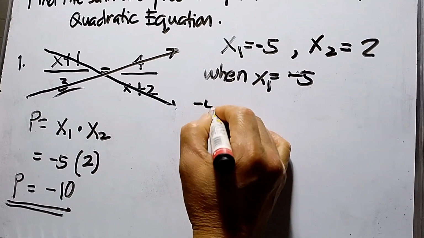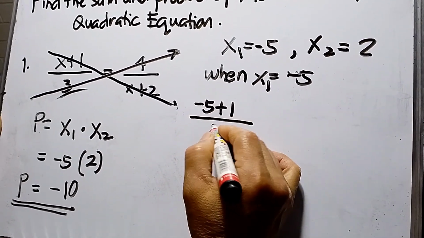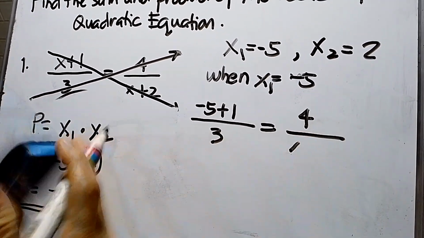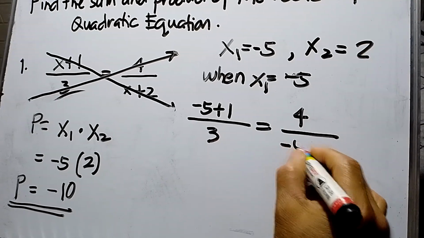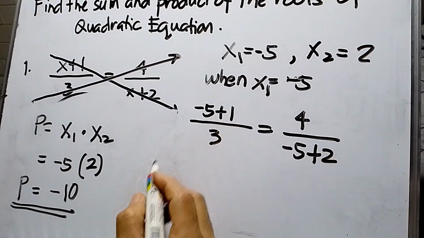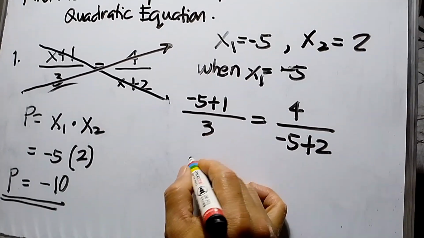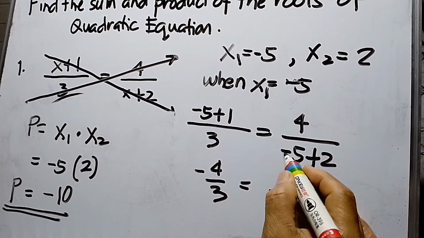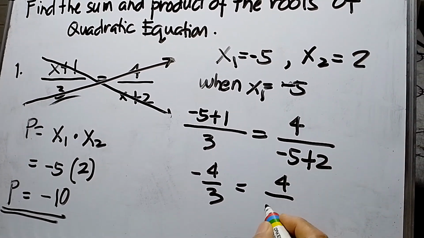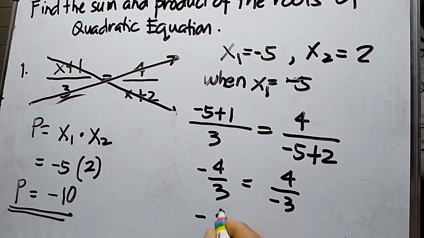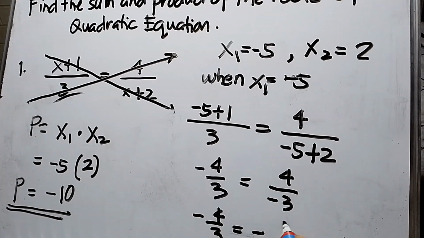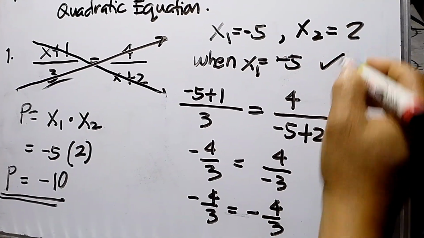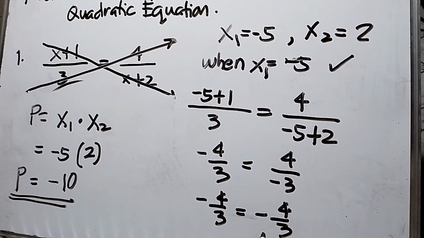So this will be negative 5 plus 1 over 3 is equal to 4 over negative 5 plus 2. So negative 5 plus 1 is negative 4 over 3. How about this one? Negative 5 plus 2 is negative 3. So negative 4 over 3 is equal to negative 4 over 3. So x1 is correct because negative 4 over 3 is equal to negative 4 over 3.